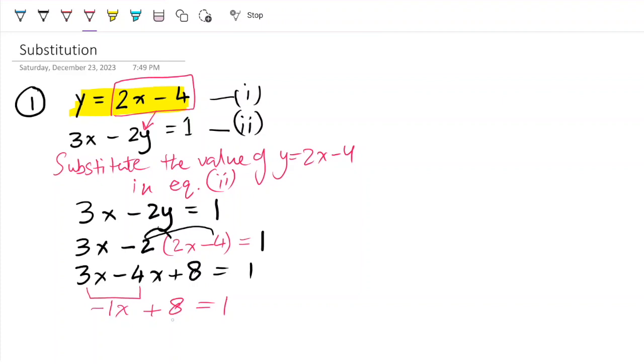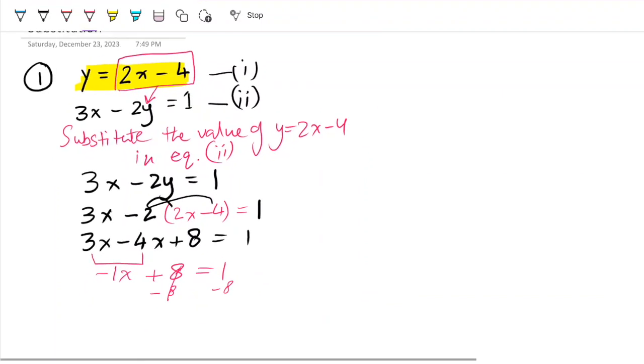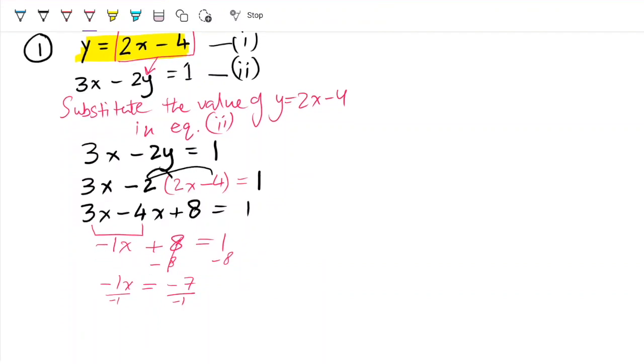Okay, now we will take plus 8 to the other side, so it will become minus 8, or you can do it that way, as to cancel the plus 8, we do minus 8 on both sides. Now minus 1x is equal to 1 minus 8, which is minus 7. To remove the minus 1, we divide both sides by minus 1, and now you can see that x is equal to 7. We got x, which is equal to 7.